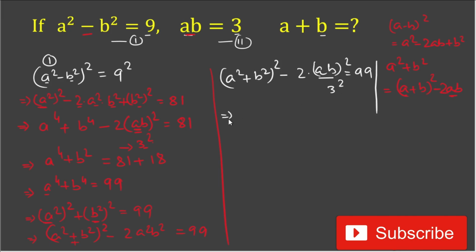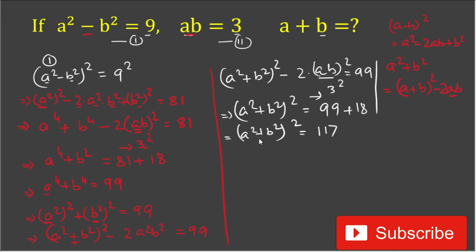Now the value of a square plus b square and whole square is, here we will write 99, and this term will go to the right hand side, it will be positive, and 3 square is 9, 9 times 2 is 18, so we can write a square plus b square and its whole square, value is 99 and 18 is 117. Now from here we'll remove this square and this value will be a square root.